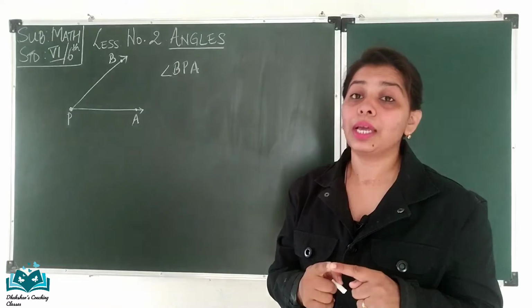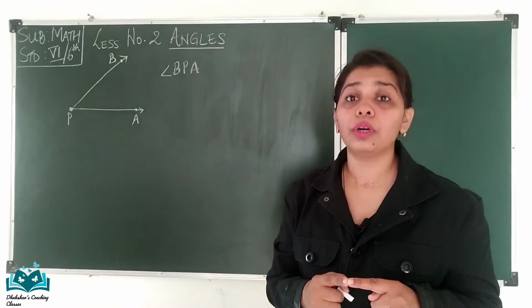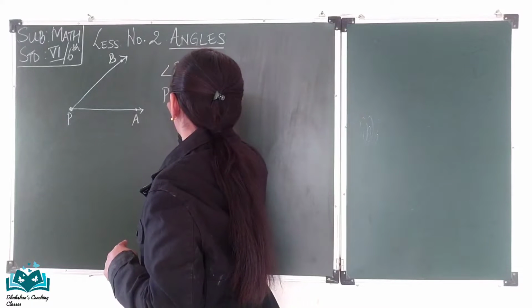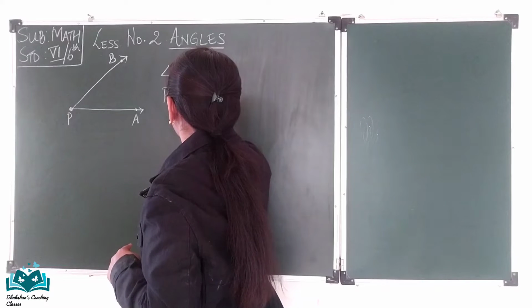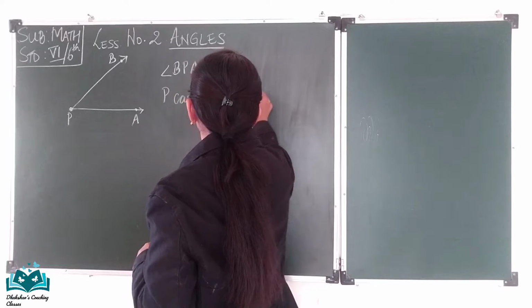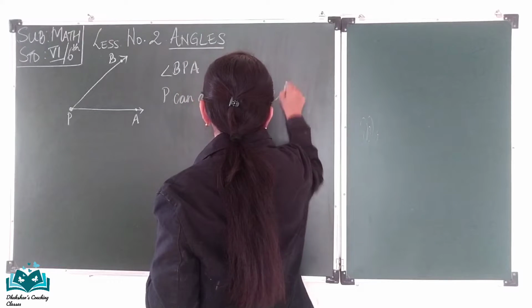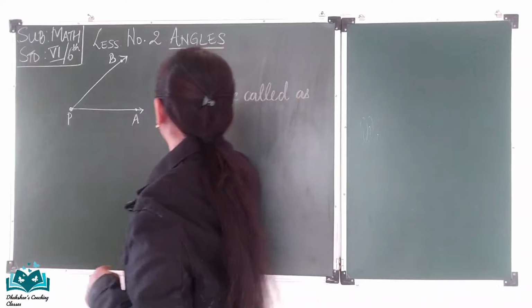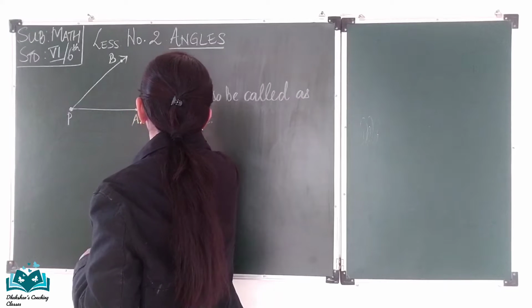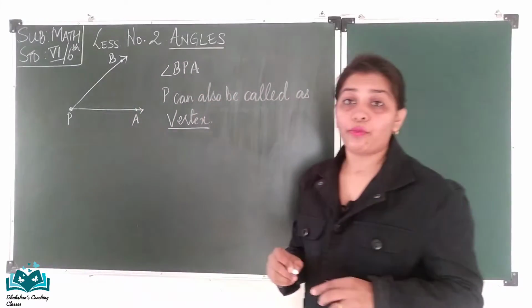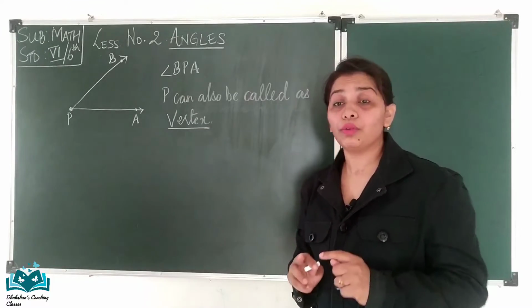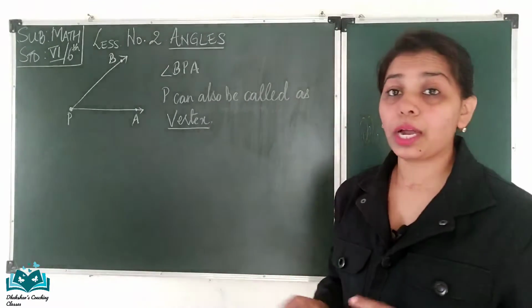This point P can also be called your vertex. From this point, the two lines originate, that is PA and PB.